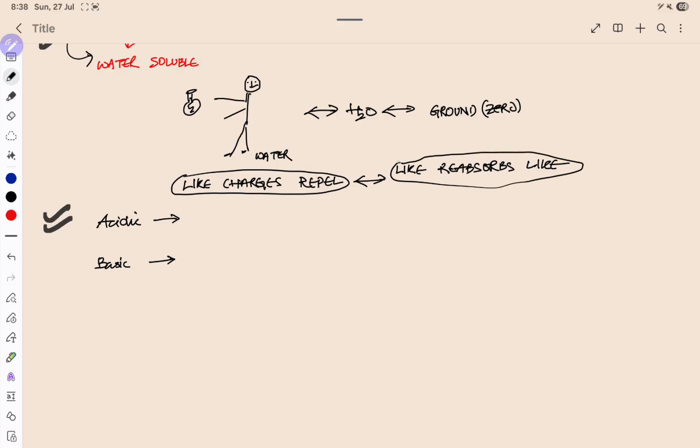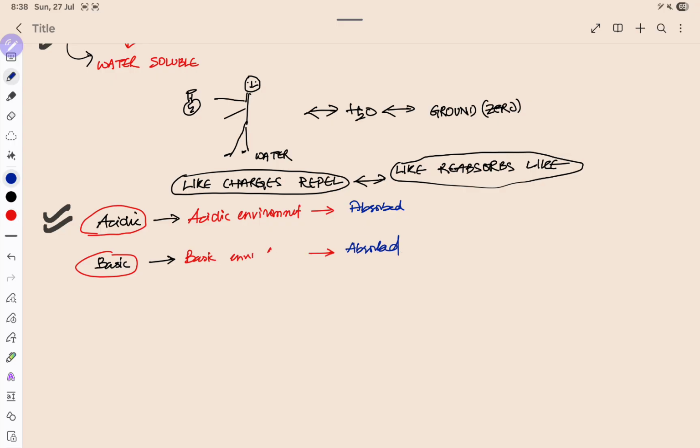What is this like reabsorbs like? Any acidic drug, if it is inside an acidic environment, will be readily absorbed. Similarly, a basic drug in a basic environment will be absorbed. So for an acidic drug to be readily absorbed, it requires an acidic environment.